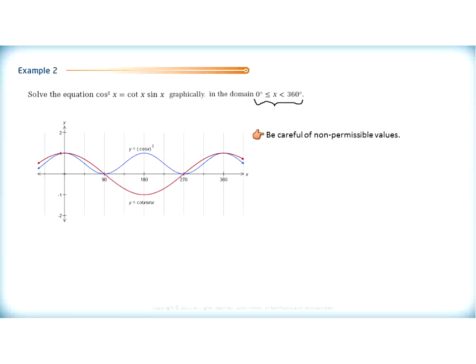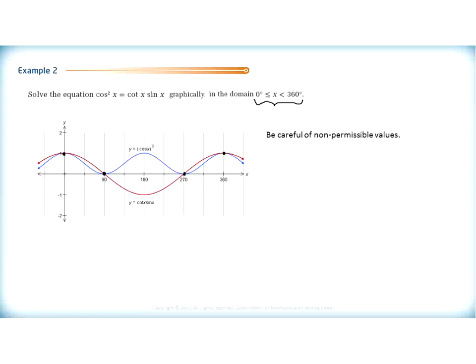Now notice I've made a comment on the right here. Be careful of non-permissible values. Let's write what the solutions appear to be, at least from the graph, between 0 and 360. Our points of intersection occur at 0, they occur at 90, they occur at 270, and again at 360.